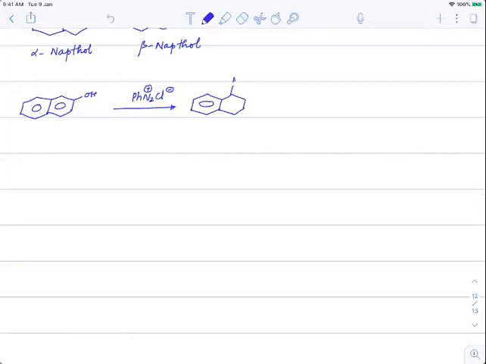We'll have this as N=N-Ph with OH, because the para position is completely occupied now. Now the azo group will form only at the ortho position, and this is also a dye, which is a red color. A red dye. It has a name, Sudan 1.